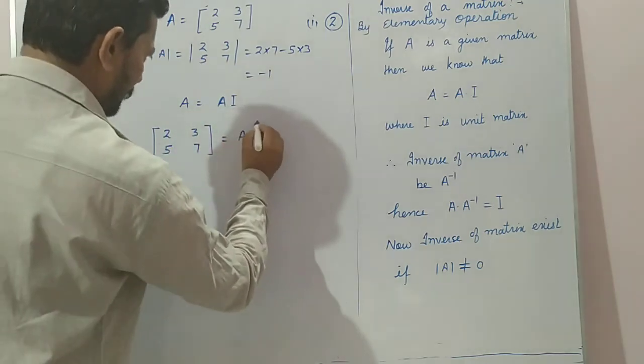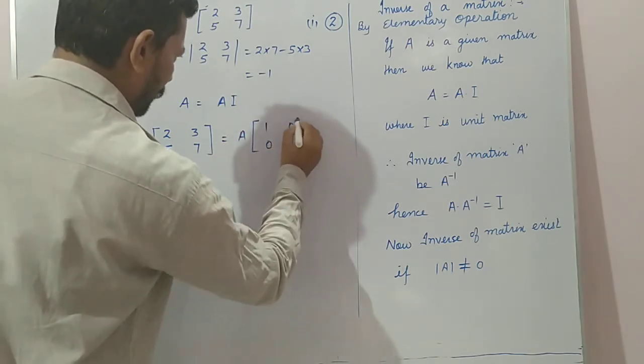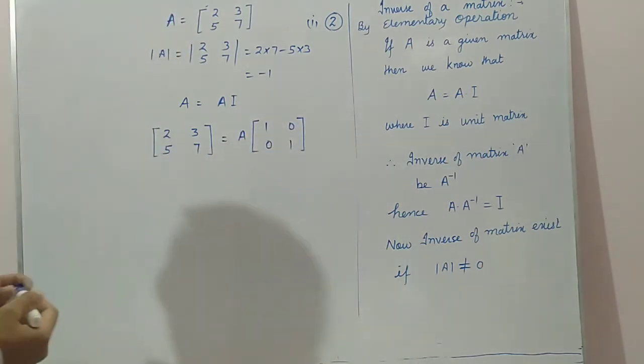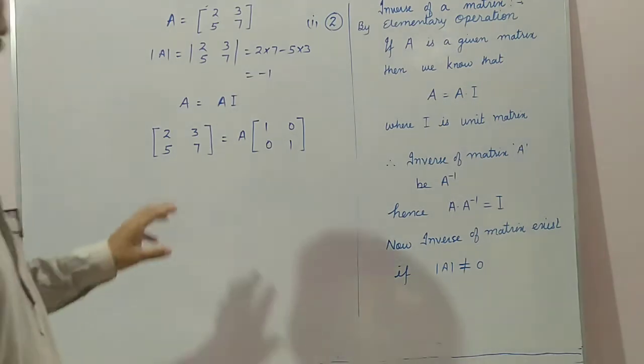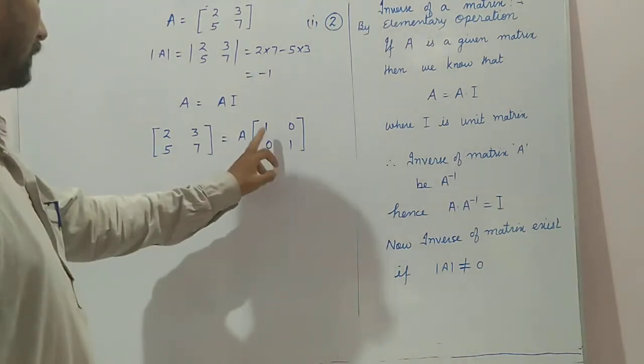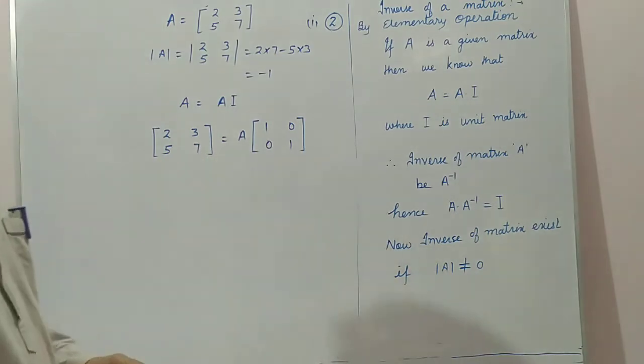This one we will keep as it is, and I is the unit matrix 1, 0, 0, 1. Now, by using elementary row operation or elementary column operation, we will bring 1, 0, 0, 1 on this side. Okay? Follow it.